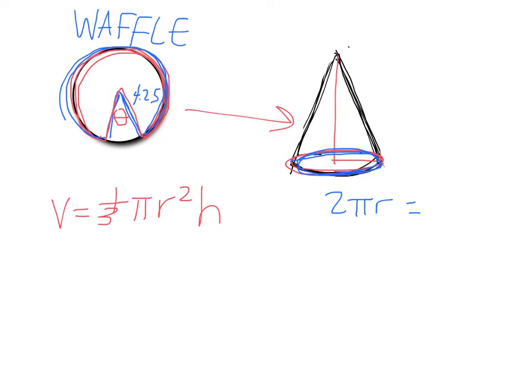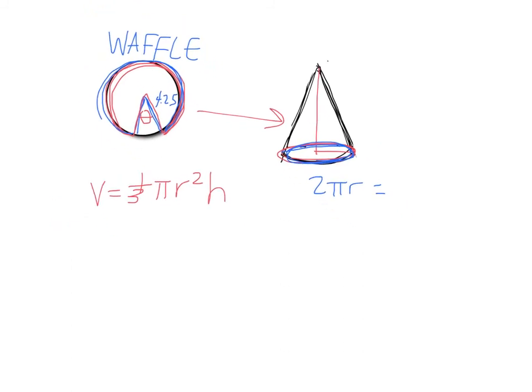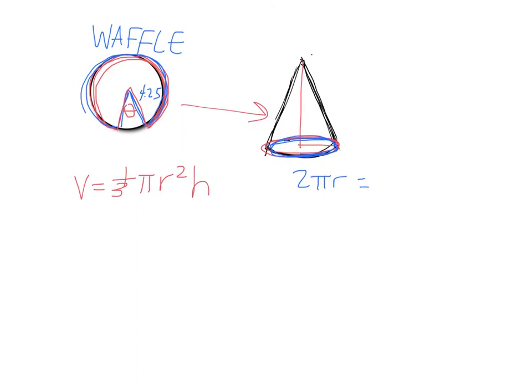So it was going to be the original circumference, which was 8.5 pi, minus the arc that we cut out, which was 4.25 times theta, whatever that angle might be. This is what's used to create the circumference of the cone.